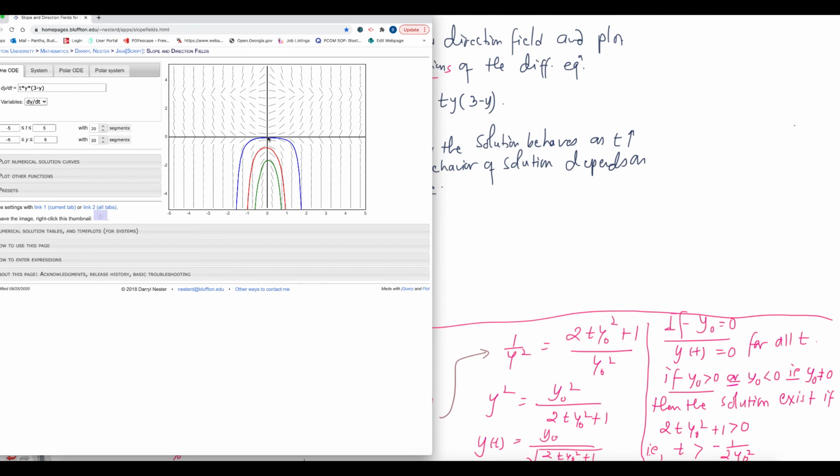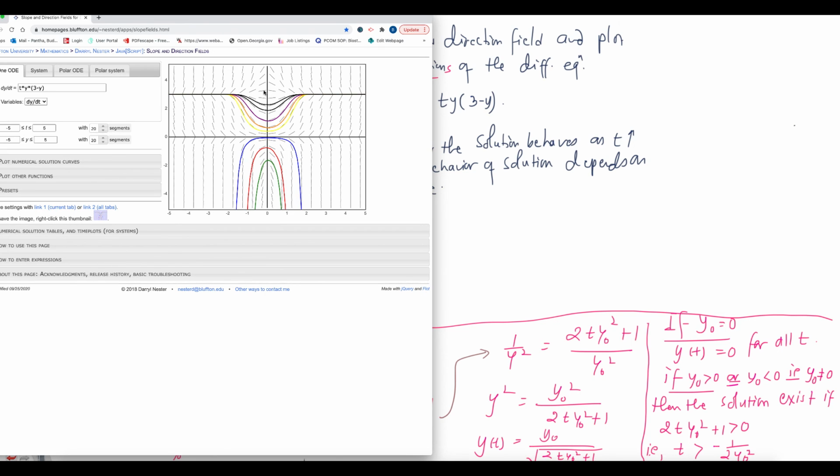If the initial value y0 is less than 0, then as t is increasing, the solution goes to negative infinity. Did you see that? Now if y0 is greater than 0, look at this.